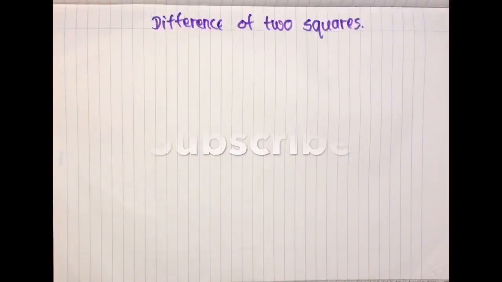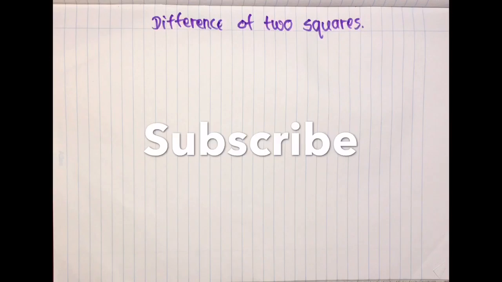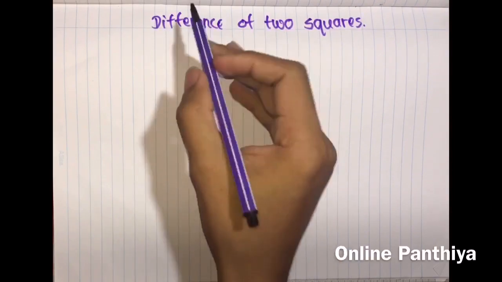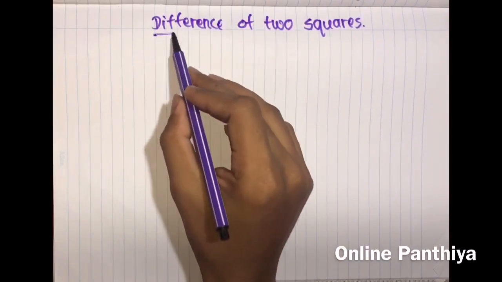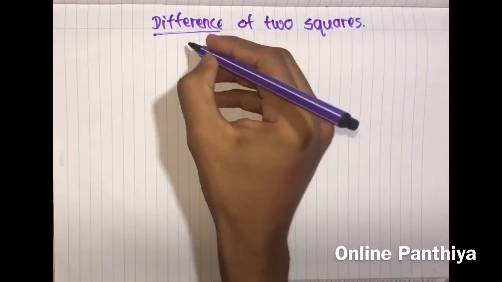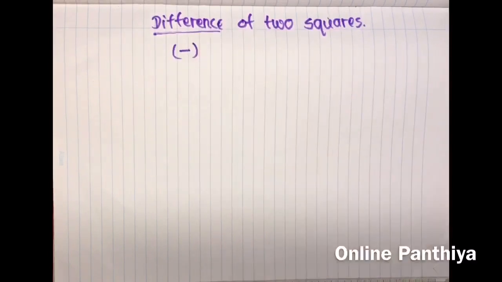The next part of factors of quadratic equation is difference of two squares. Now this part you can just understand by the words given here. It depends on difference. Now in maths, what do you mean by difference? Difference means subtraction.